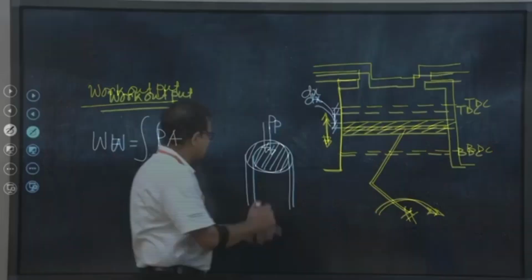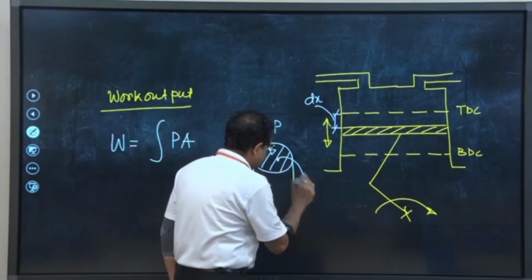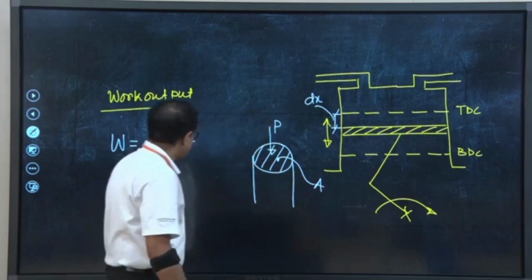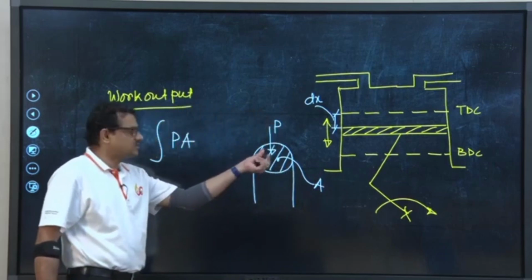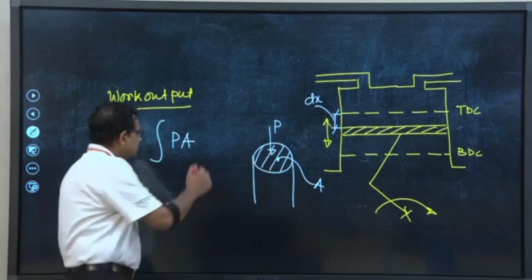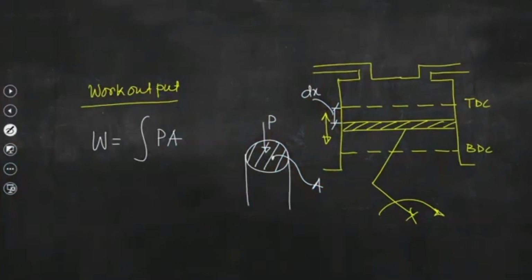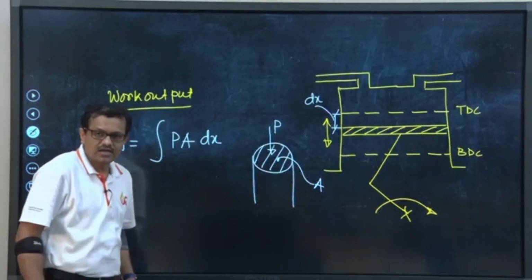We are assuming that the area of this piston face is A, and because of this force the piston has traversed a distance dx, right. So, this is the expression of the work done.